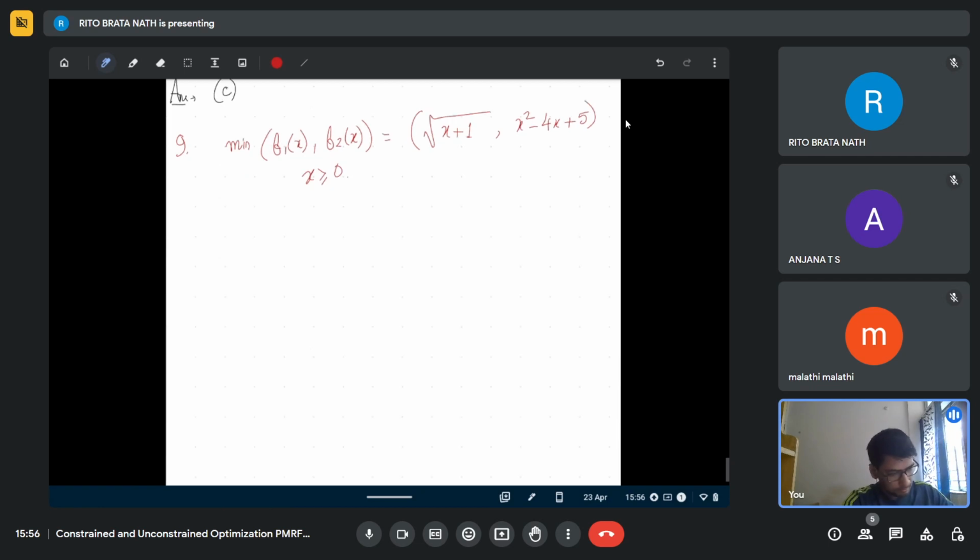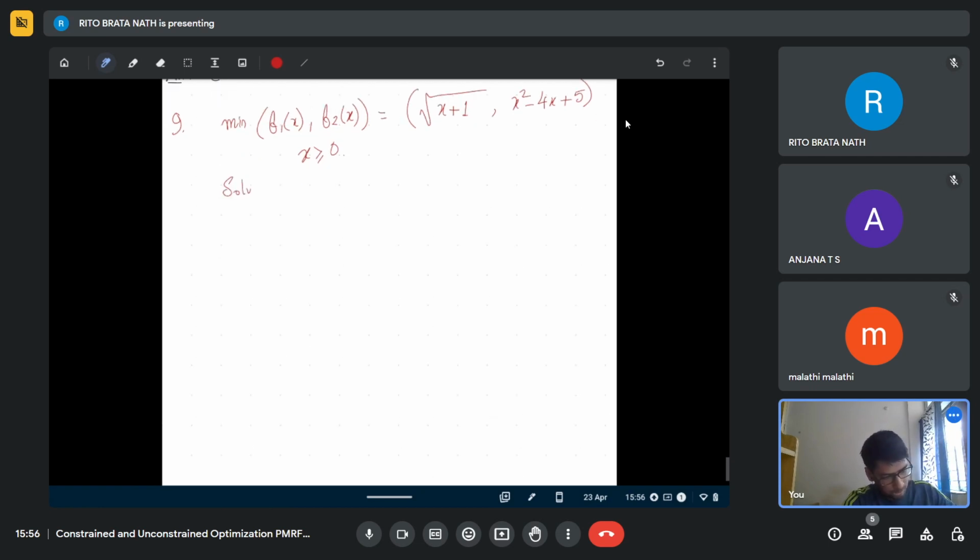Solve the above multi-objective optimization problem to find Pareto-optimal solutions.